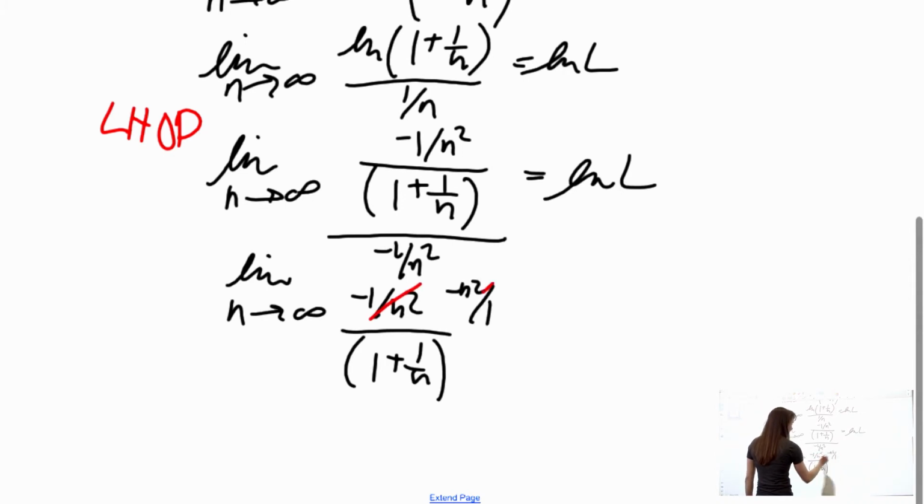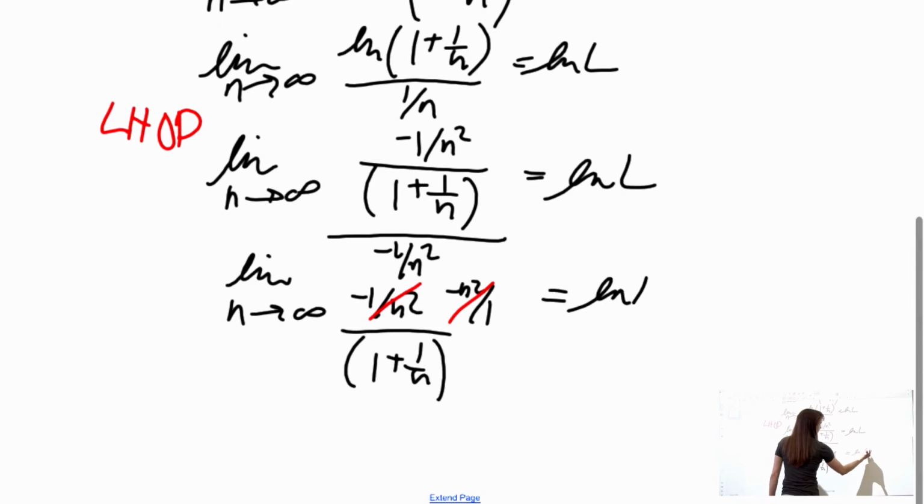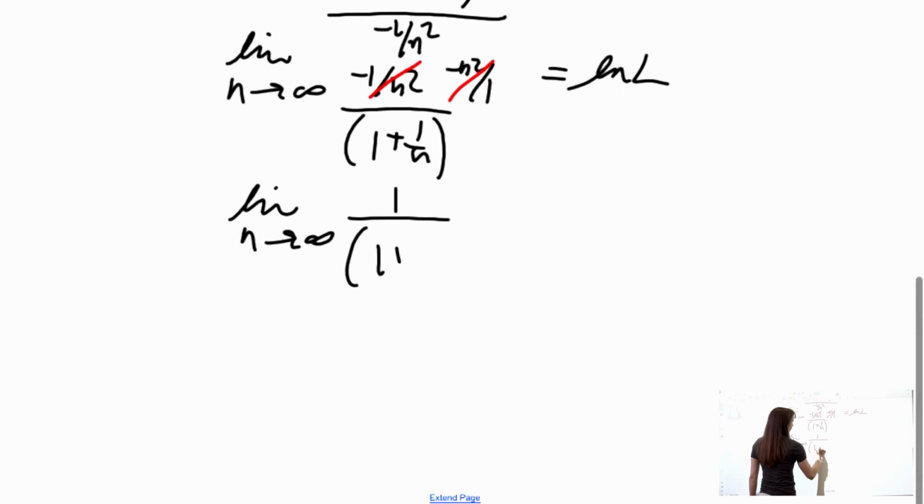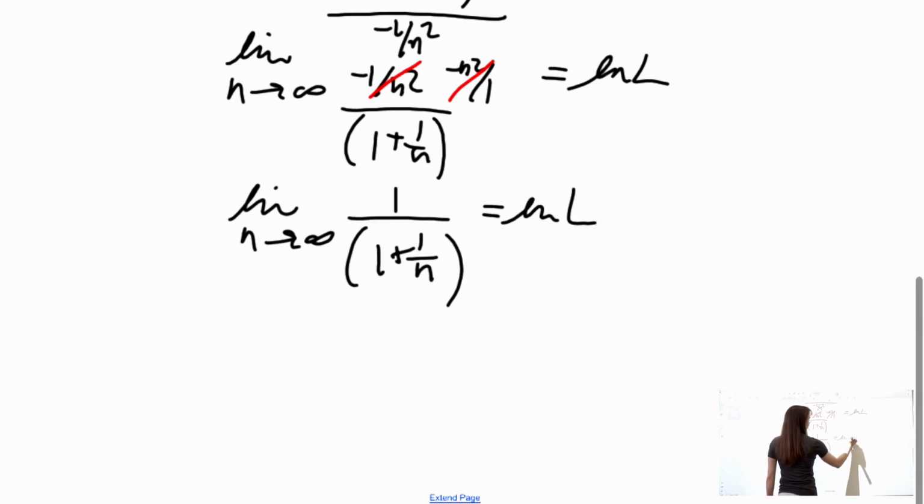And these are going to cancel. So now we just have the limit as n goes to infinity of 1 over 1 plus 1 over n. And that's the natural log of L.